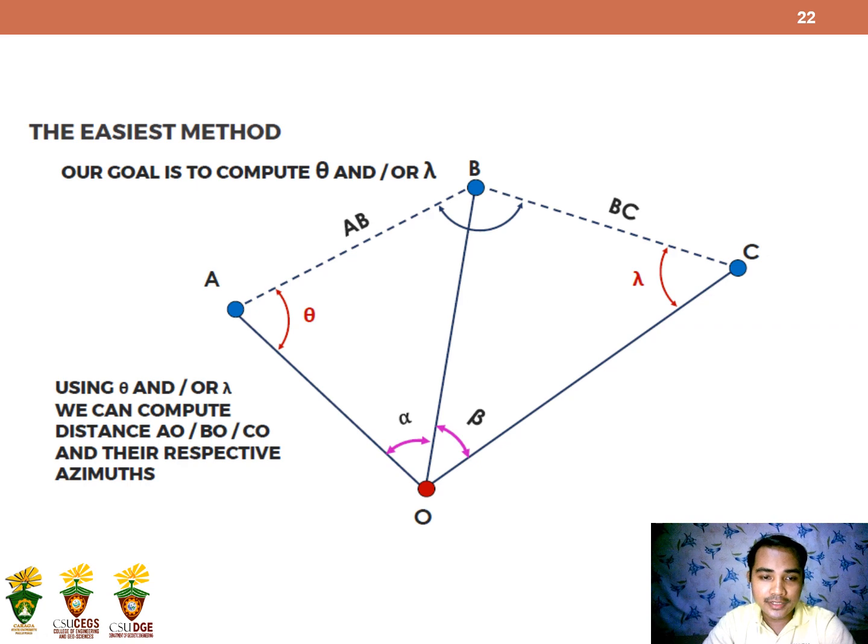So the goal of this one is to compute the theta and the lambda, no. The important part here in the solving resection class is you need to familiarize what is the figure, and also the placement of the variables, no. So pag resection ganing, you need to memorize that the theta is always on the left side, and lambda, no, but again, theta is in the left side and lambda is the right side.